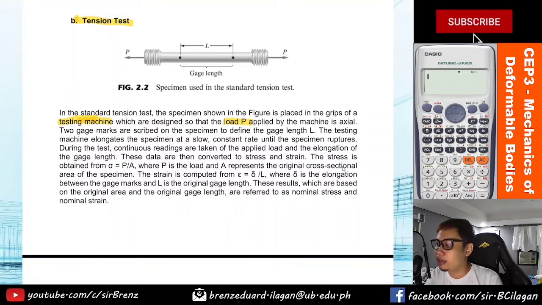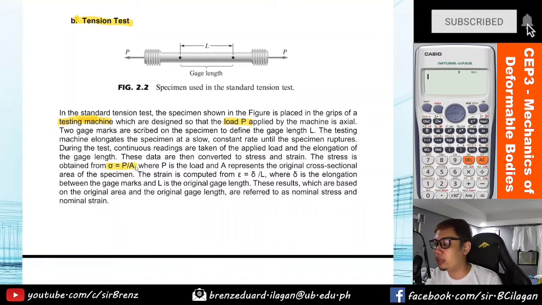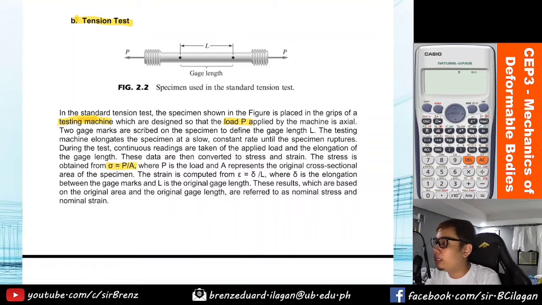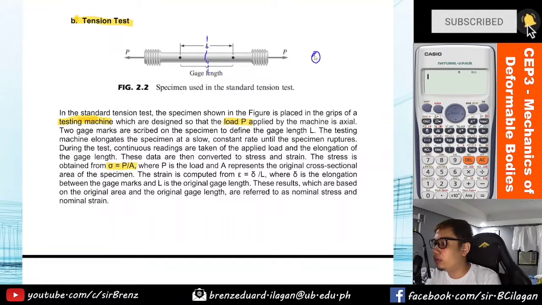Okay? So again, as discussed in our module 1, stress is just equals to P over A, where P is the load and A represents the cross-sectional area of the specimen. So guys, kapag nag-section ka dito, pag pinutol mo yan, ano ba yung makikita mo? Lagi naman yan, circular section.